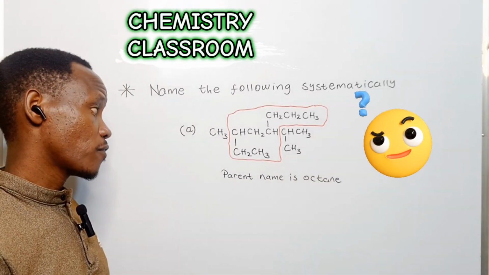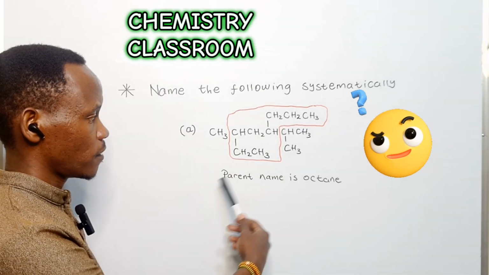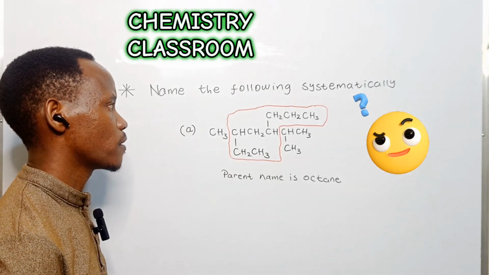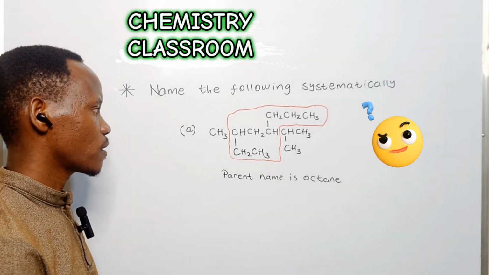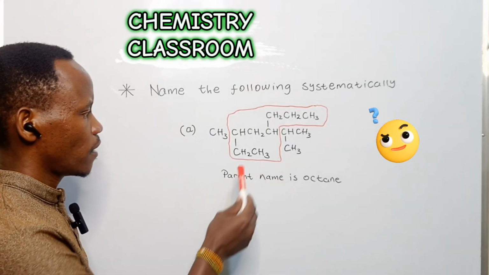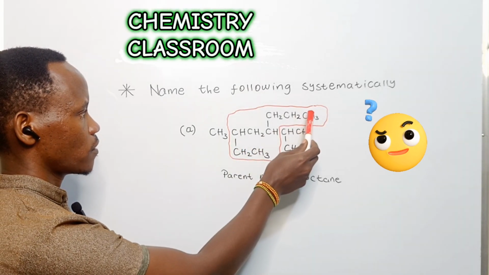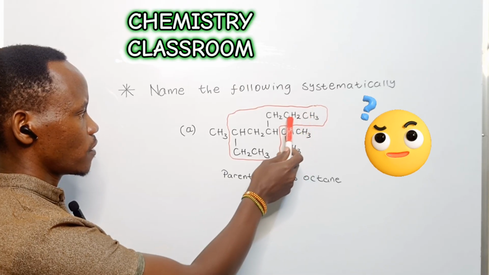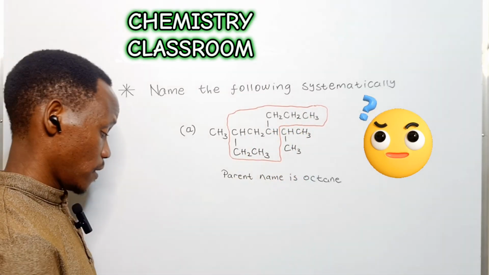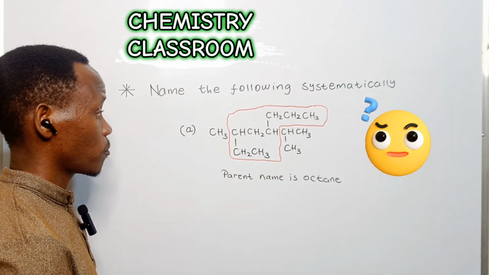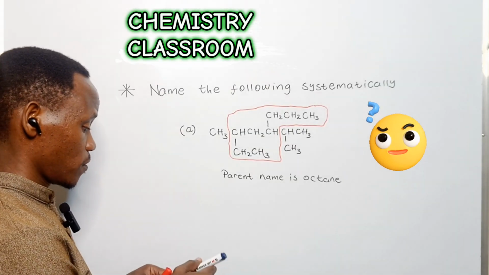Now, after identifying the parent chain, and in that case the parent name, we proceed according to the second guideline and assign numbers from the start of the chain to the end of the chain, and from the end of the chain backwards until the start of the chain, which I'm going to do as follows.